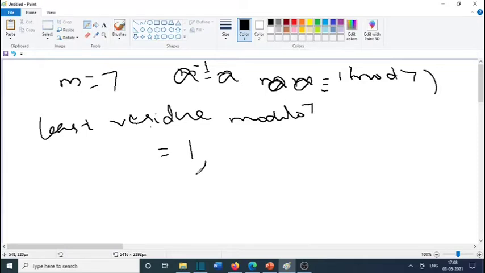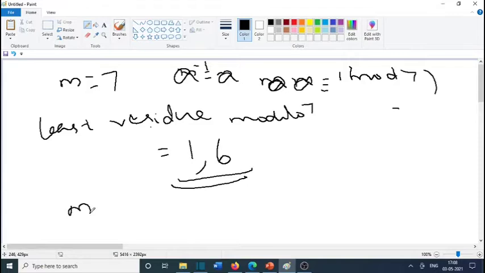Now check whether 2 into 2, 4 minus 1 is 3, not a multiple of 7. 3 into 3, 9 minus 1 is 8, not a multiple of 7. 4 into 4, 16 minus 1, 15, is not a multiple of 7. 5 into 5, 25 minus 1, 24, is not a multiple of 7. 6 into 6, 36 minus 1 is 35, a multiple of 7. So 6 is a residue modulo 7.